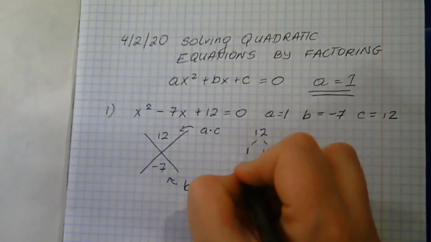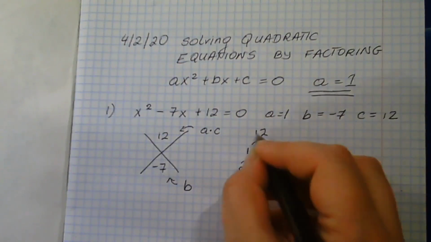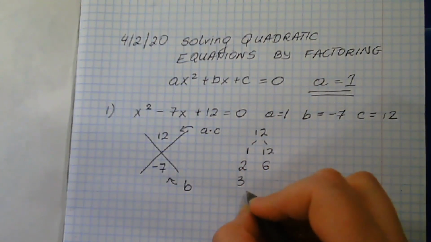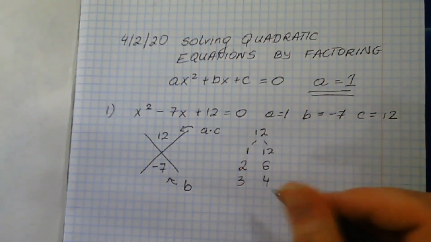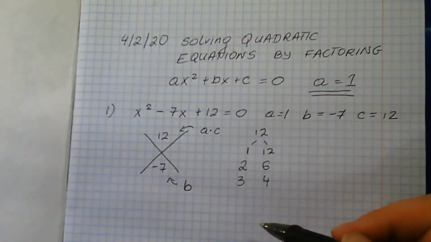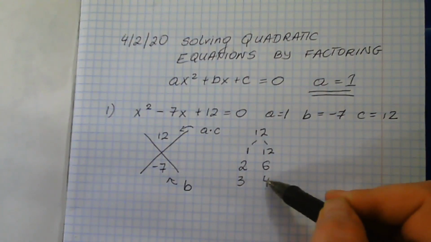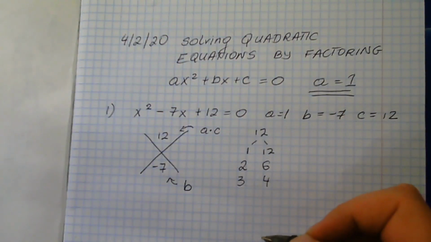I can divide 12 by 2 and that's going to give me 6, because 2 times 6 is 12. I can divide it by 3 and that's going to give me 4, because 3 times 4 is 12. So I go in order, divide by 1, 2, 3, and see what's left. The next number will be 4, which already is one of my numbers, so I have to stop because they're going to start repeating.